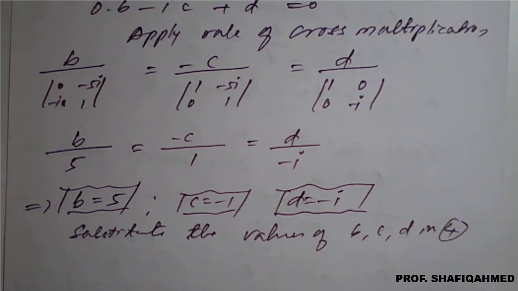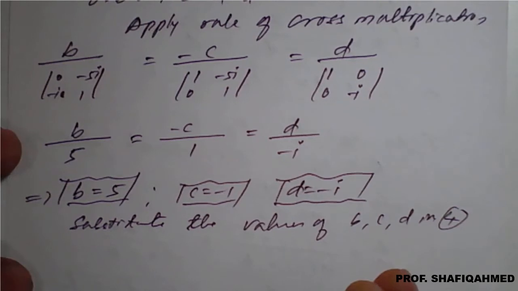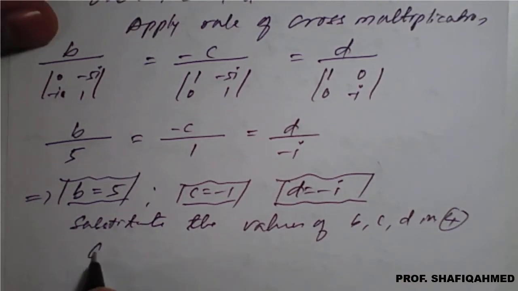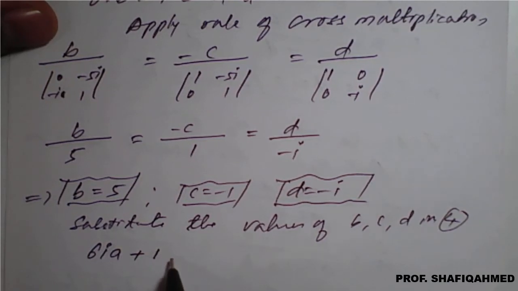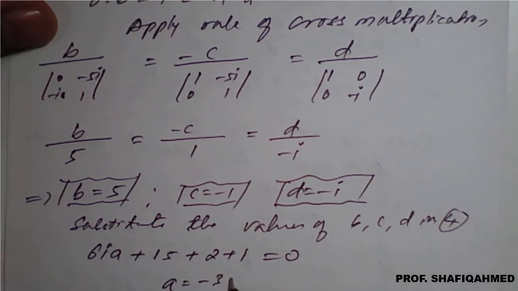So in equation 4, we apply the B value, C value and D value. On simplification we get 6iA plus 15 plus 2 plus 1. You can check the calculation. So the value of A will be minus 3 upon i.